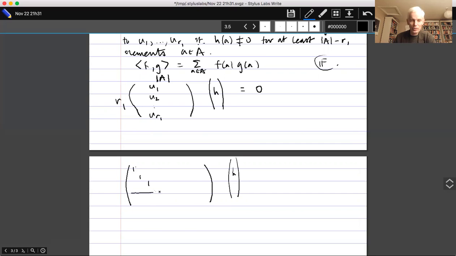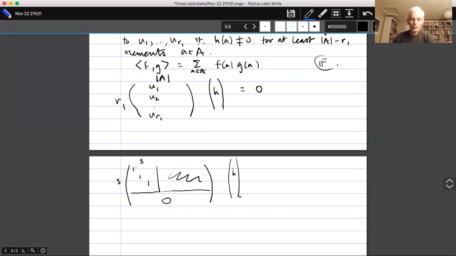It has an identity matrix here, s by s, and then it has 0 down below and has some entries here, which we don't really care about.